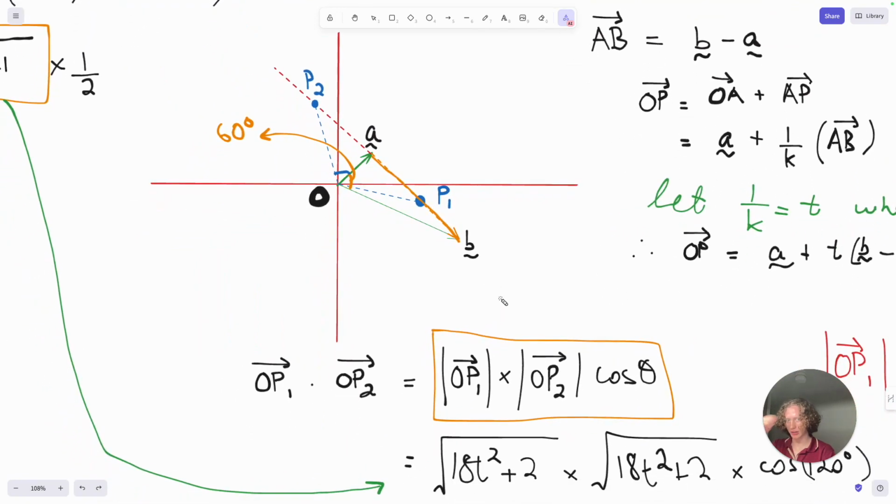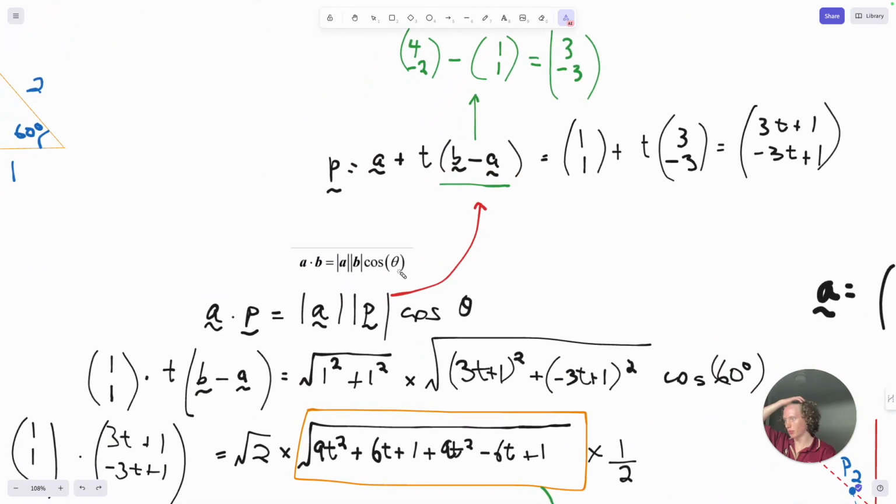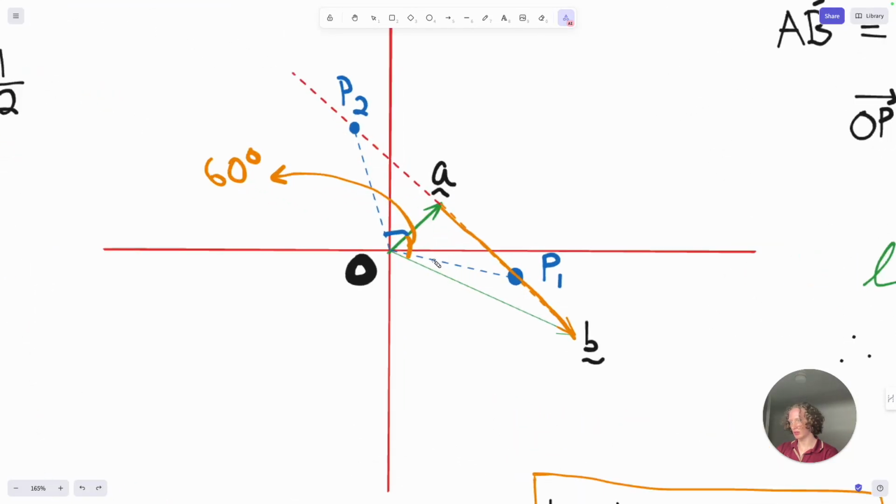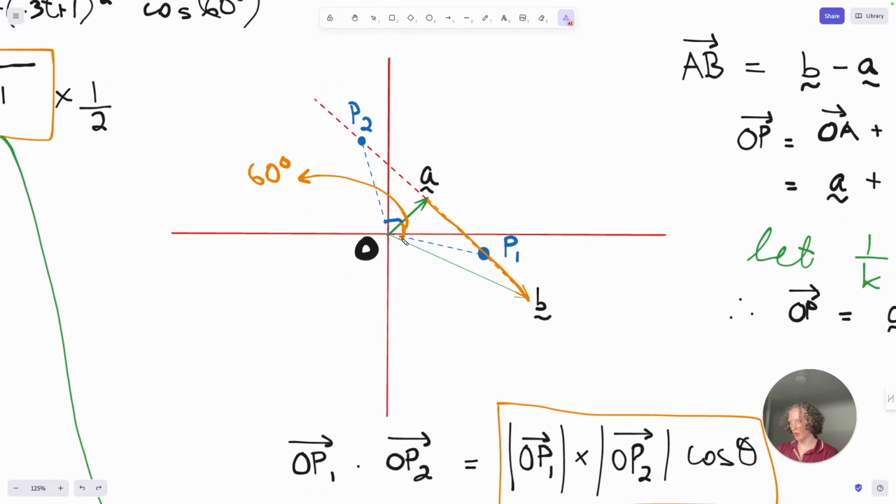The second part is, if we go back to this formula from before, we use the two magnitudes combined with the cos of the angle between them. So the two magnitudes we're looking for are the magnitude of OP1 and the magnitude of OP2.